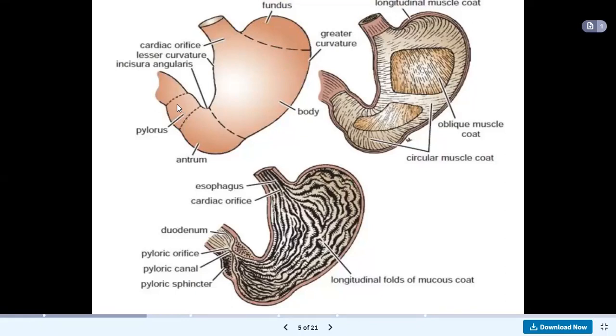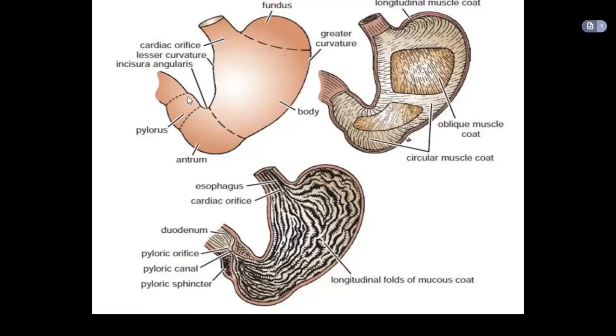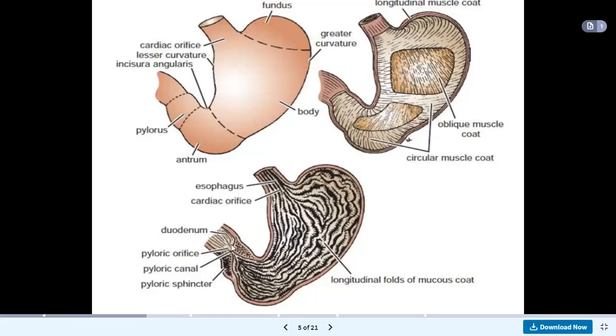And then the pylorus is made up of the pyloric canal and the sphincter, and that sphincter is made up of muscles. So in this diagram here, you would find the pyloric sphincter. These are the muscles that make up the pyloric sphincter. And then you see the pyloric canal and the pyloric orifice.